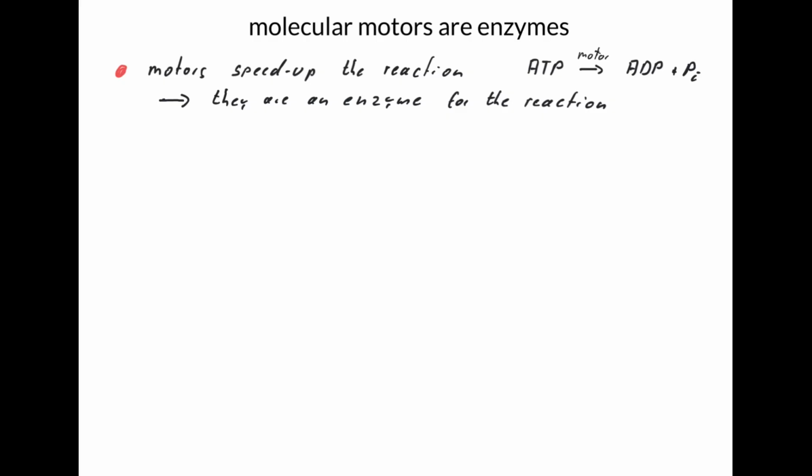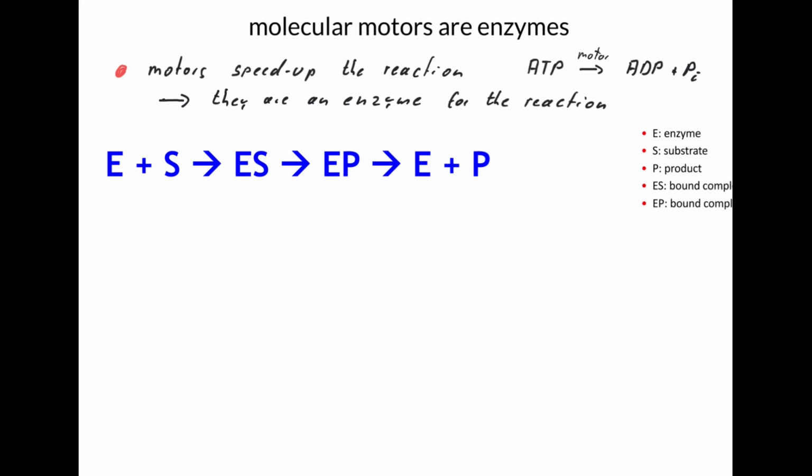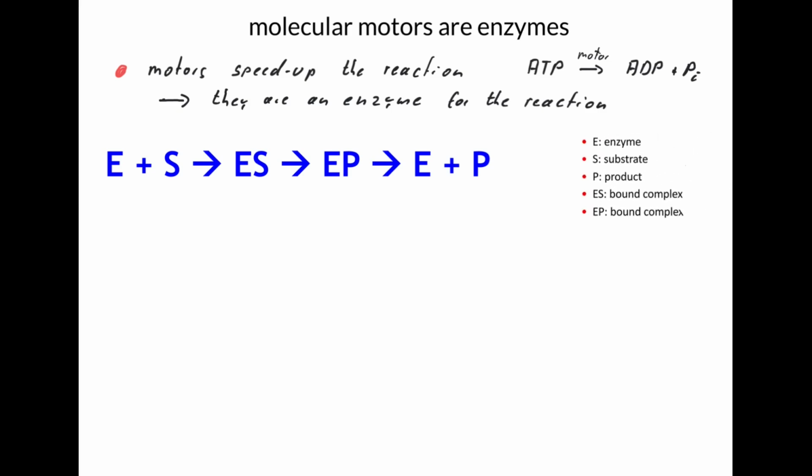Now, if we write down a chemical equation to catch this idea, we start out with an enzyme plus a substrate, which is ATP in that case, leading to a bound substrate to the enzyme, ES, which in turn will catalyze the reaction, leading to an enzyme loaded with a product P, and finally leading to an enzyme plus a product.